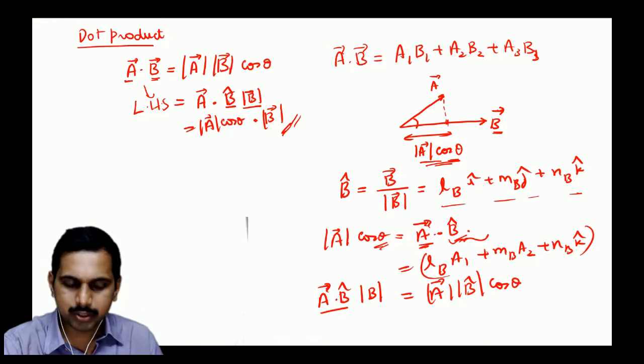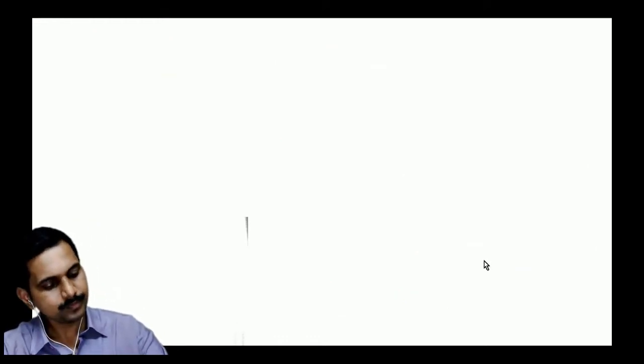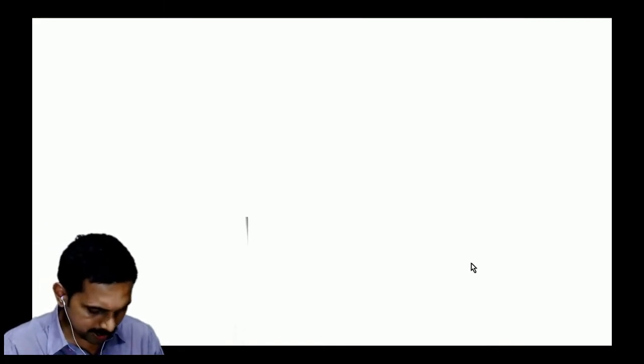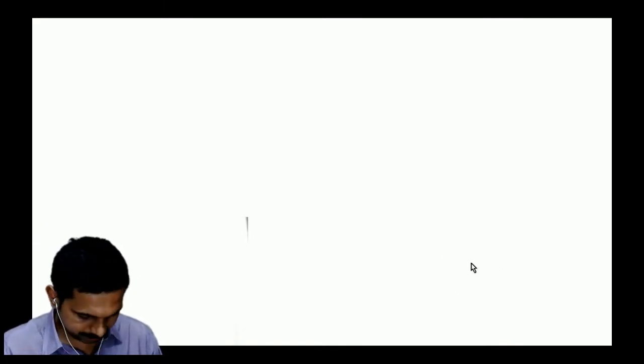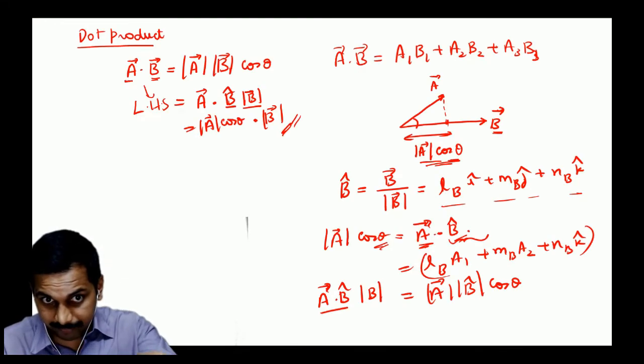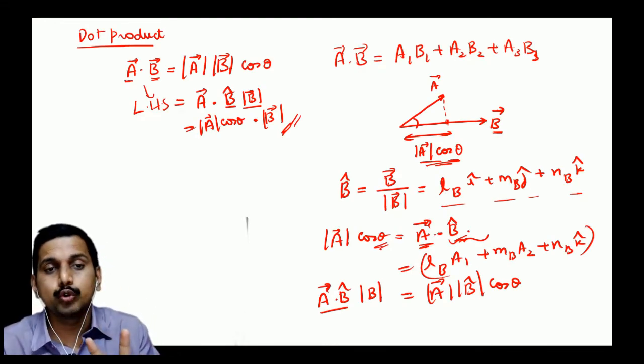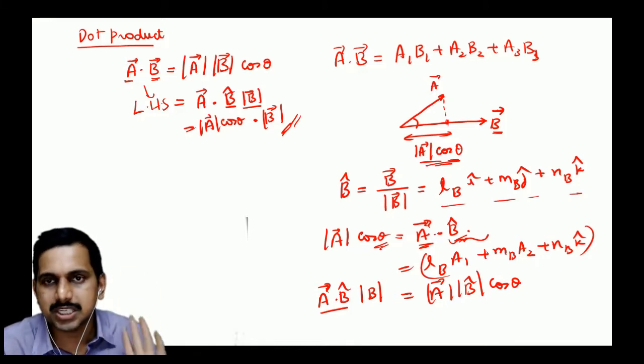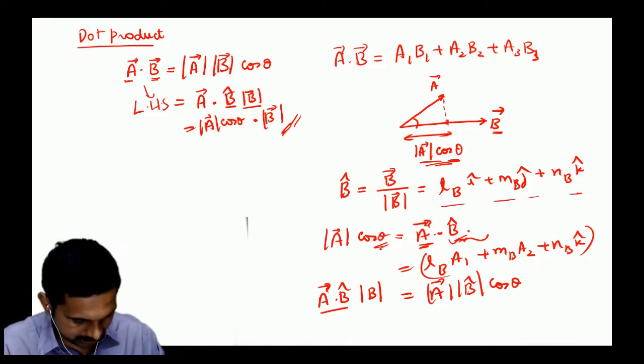Okay. Now let us do a problem and we will see. This is a very, very interesting problem with one more point here. By this point what I have done, if I have two vectors, I can find the angle between them by using this particular analogy. How? Let us see.